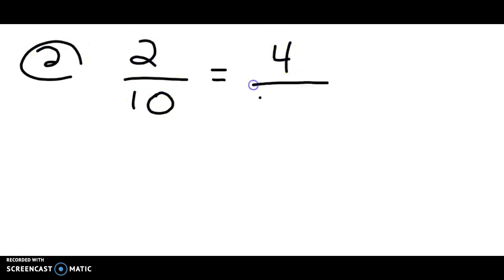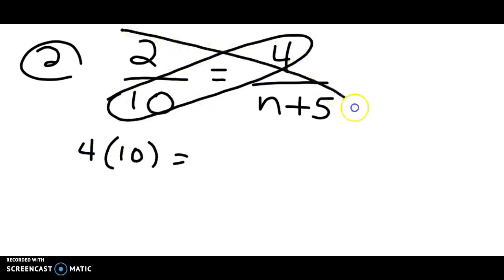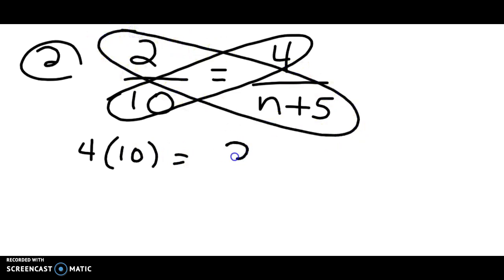Number 2, we have 2/10, or 2 divided by 10, equals 4 divided by n plus 5. Okay, so we're going to do the same thing. We're going to cross multiply. So 4 times 10, or 10 times 4, equals 2, and you need parentheses because 2 has to be multiplied by both terms.